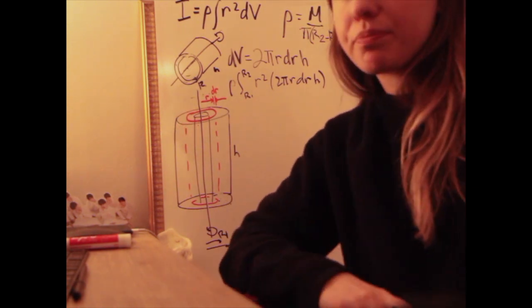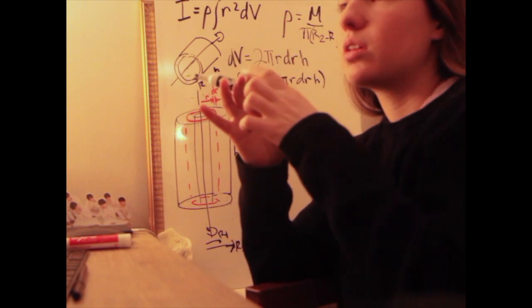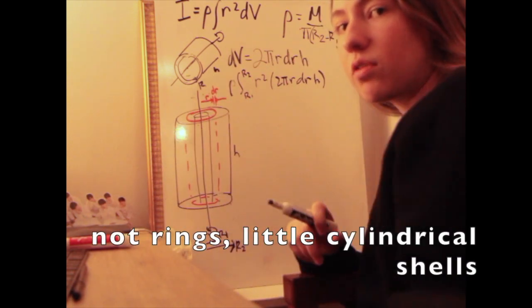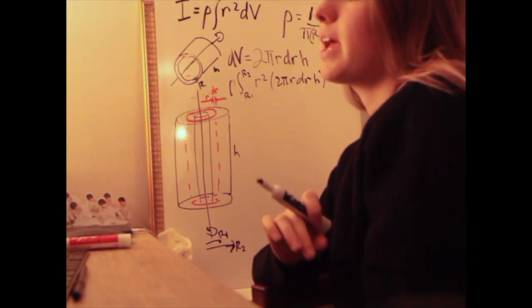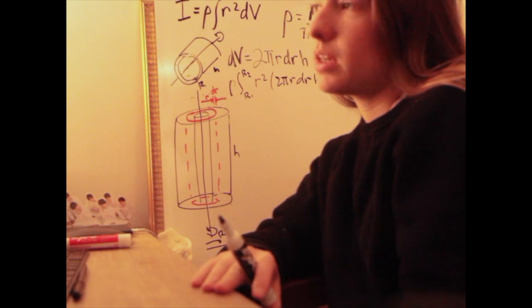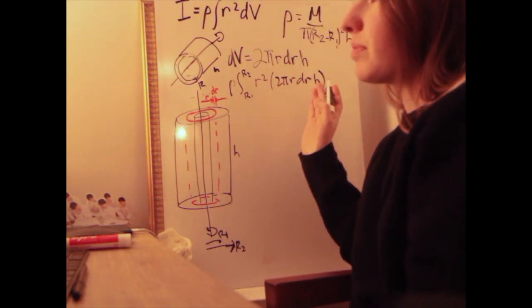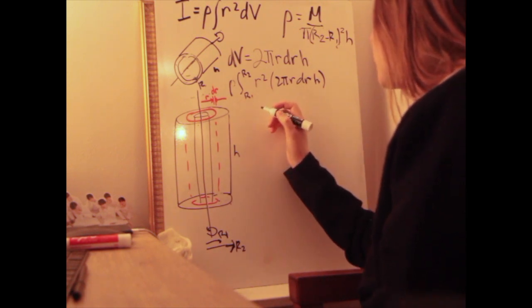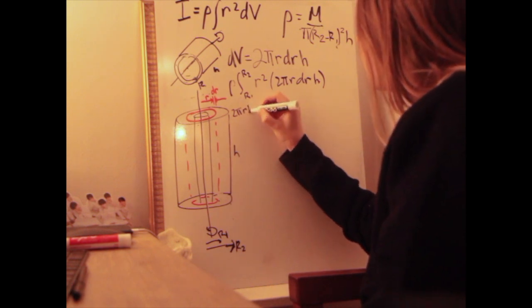Okay, and then for what we're going to integrate over, we're going to consider a bunch of little volumes of rings from different distances r from the axis of rotation, and they're going to have thickness dr. So that is why our dV is 2 pi r dr h. And then I plug that in, and I get 2 pi r h.